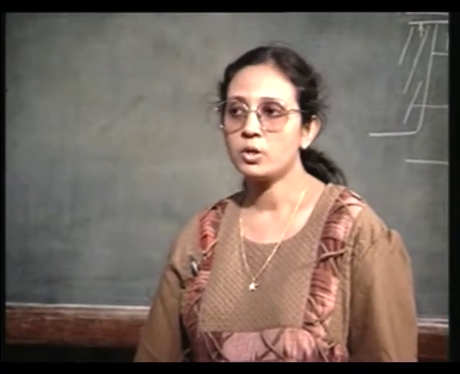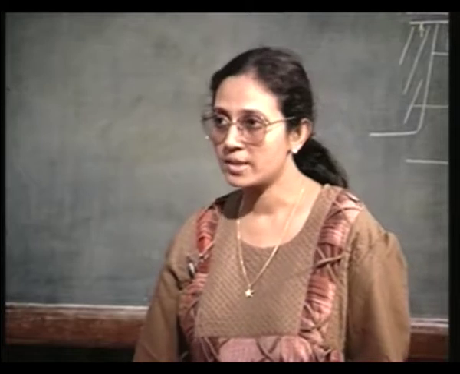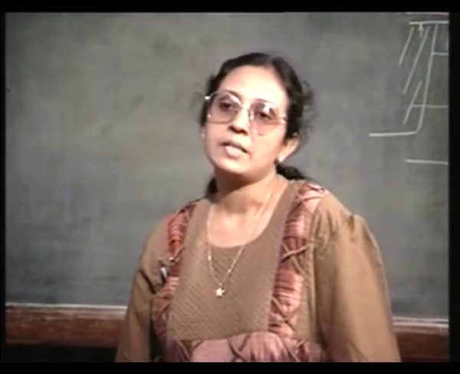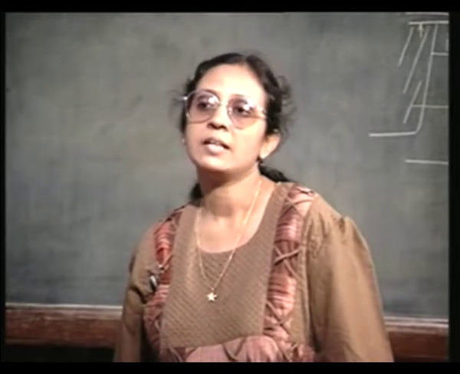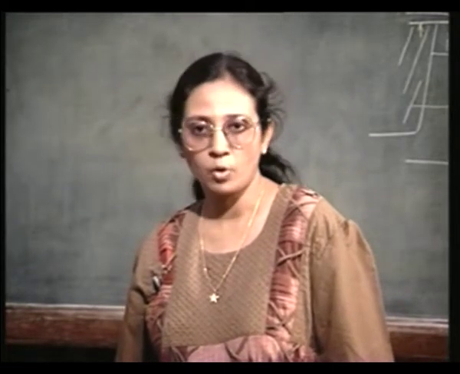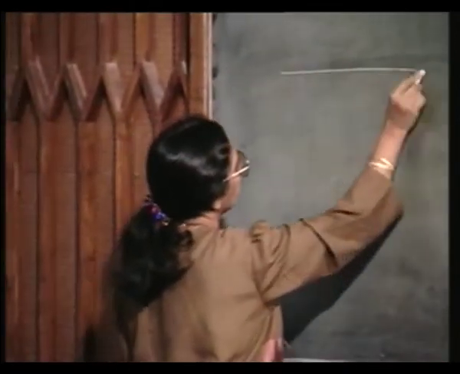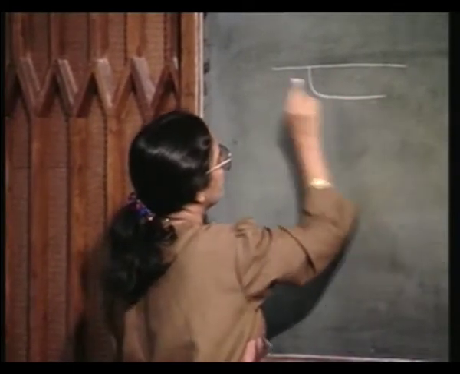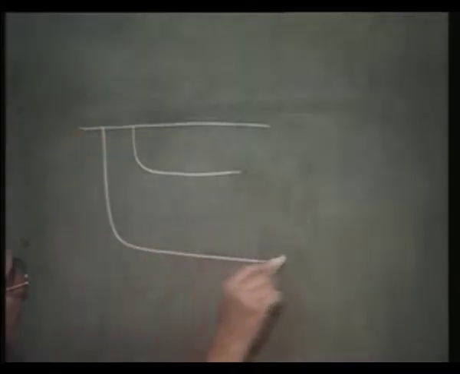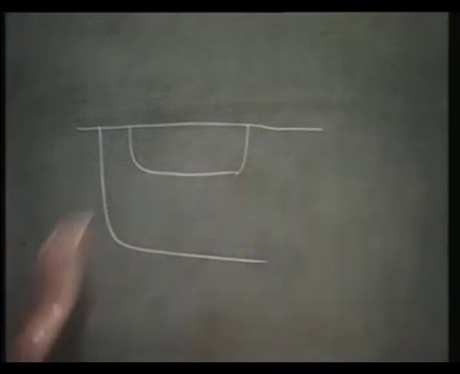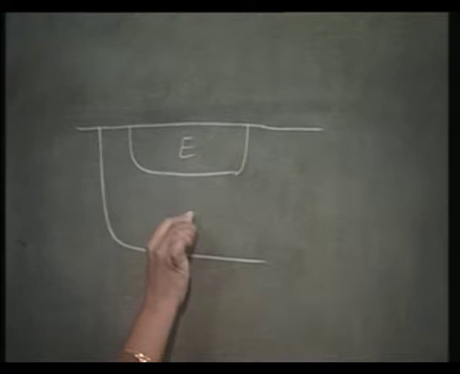And if I want to have low emitter base junction capacitance, it is found that as the device dimensions become smaller, as the emitter size gets reduced. Okay, let me redraw this. This is emitter, this is base. Okay.